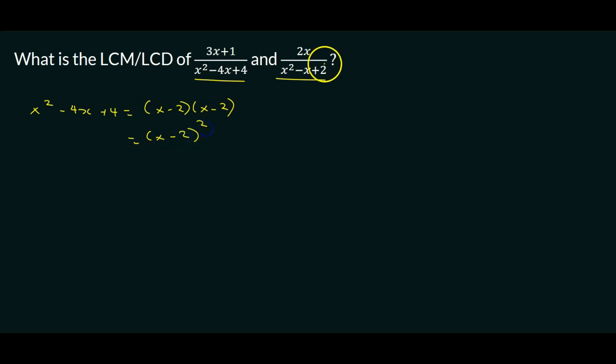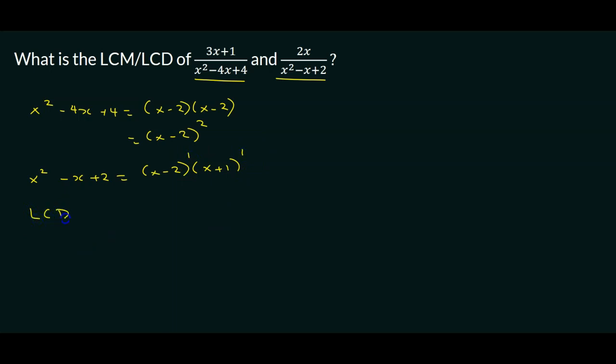The second one is x squared minus x minus 2, which is x minus 2 multiplied by x plus 1. We pay attention to exponents here, so we put the exponent of 1.